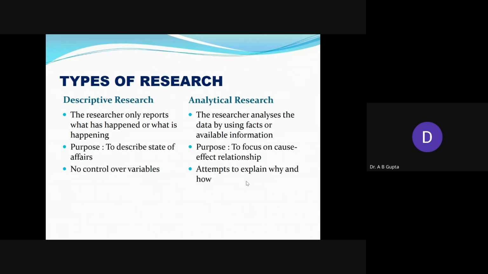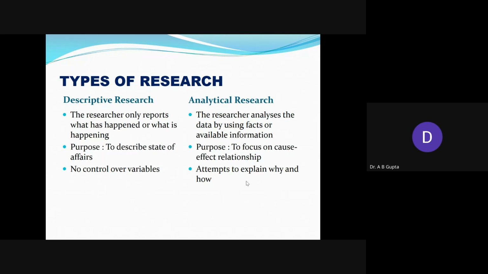So this is what we mean by descriptive research: describing the existing condition, the existing characteristic, or the existing behavior. Either something has happened or it is happening at present.